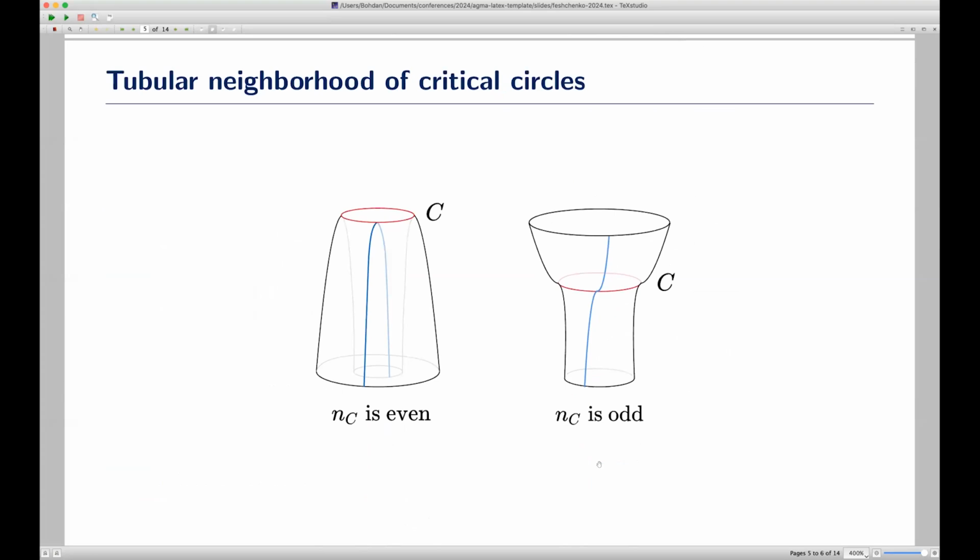And from this picture, we see the circular neighborhoods of critical cycles, when n is even and n is odd.